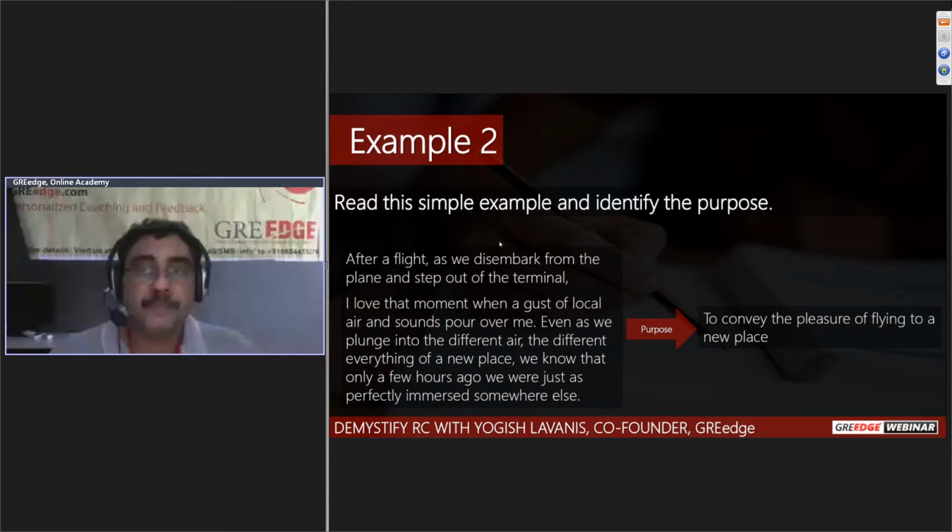Do you agree? So this is how you first conjure up the purpose in your mind. Then in the choices, you look systematically to check if there is a choice which is a paraphrased, rephrased version of what you have in mind. Do you agree?